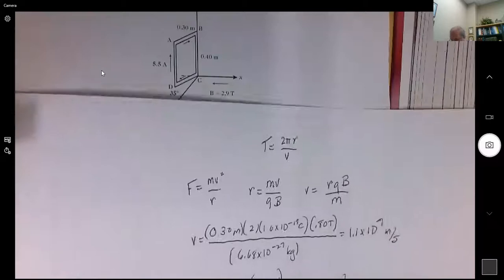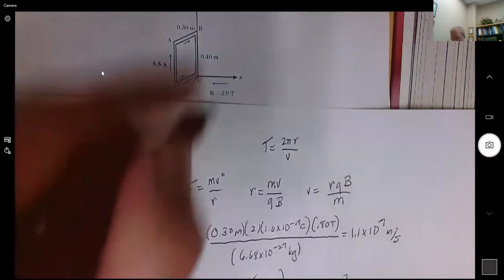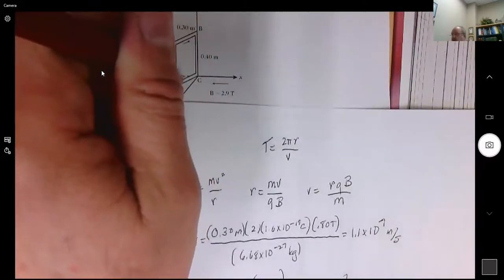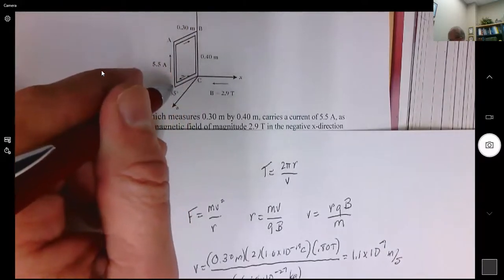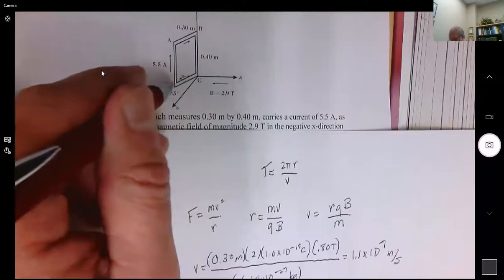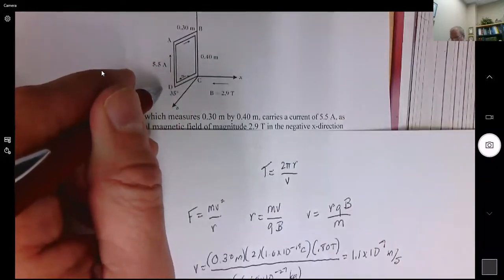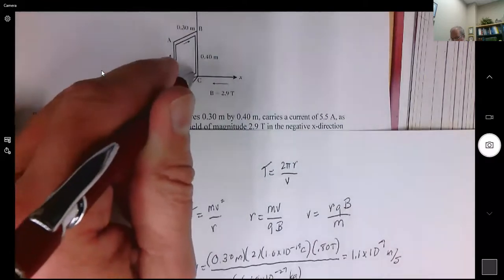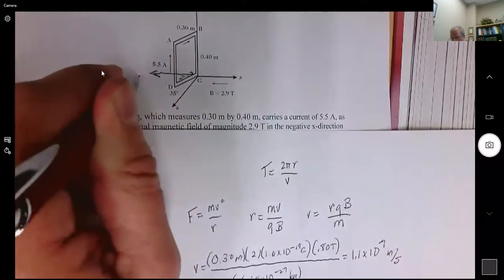And then theta, in this particular loop here, we're looking at this going in the negative x direction.